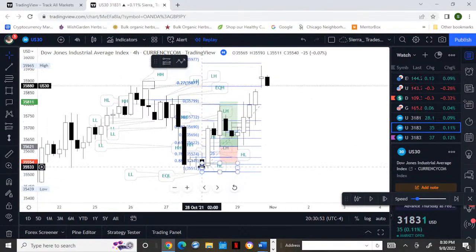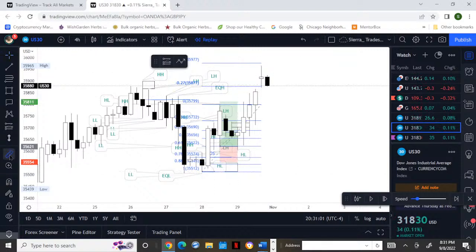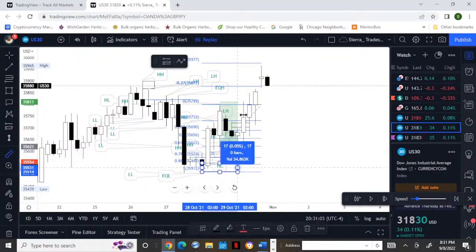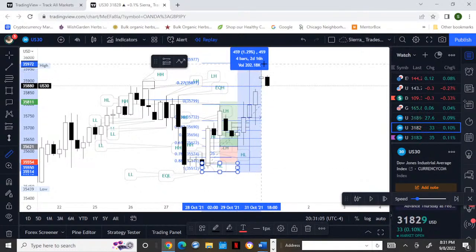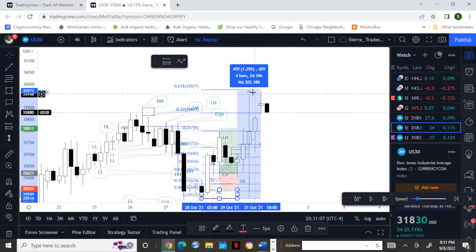Which was impulse and correction. Continuation. Price came all the way back down there, came up here. 2 days, 459 points.